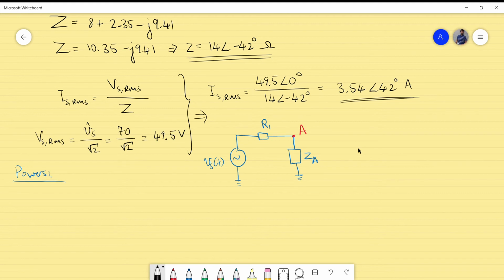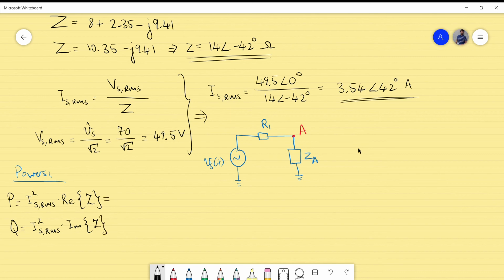So P is equal to the IS, of course RMS, squared times the real part of the impedance. And I only take the real part. And for the Q, for the reactive power, I'll again take the source current squared times the imaginary part of the total impedance, of course.